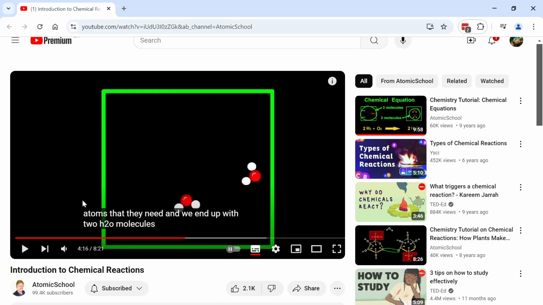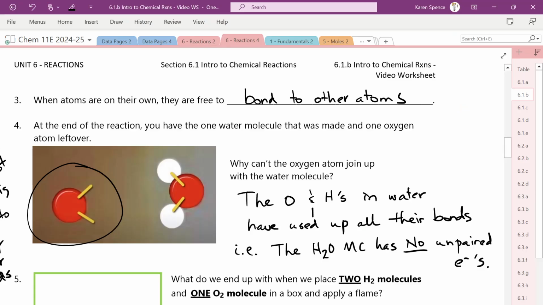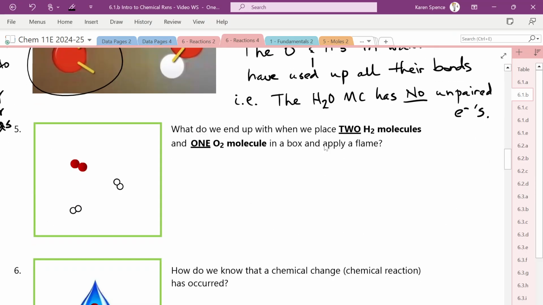Okay, so our next question then is, what do we end up with when we place 2 H2 molecules and 1 O2 molecule in a box and apply a flame? We end up with 2 H2O molecules.